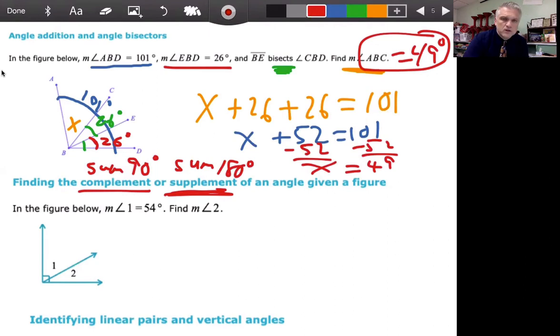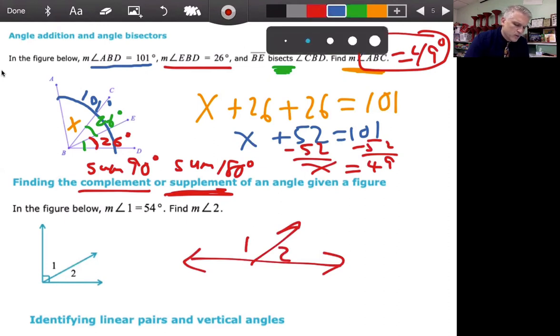So in this particular topic, they may give you two angles that add up to a straight angle, a 180-degree angle. This is a 180-degree angle. If you add this angle plus this angle, angle 1 plus angle 2 would add up to 180.